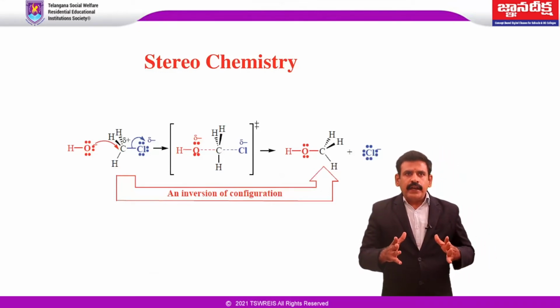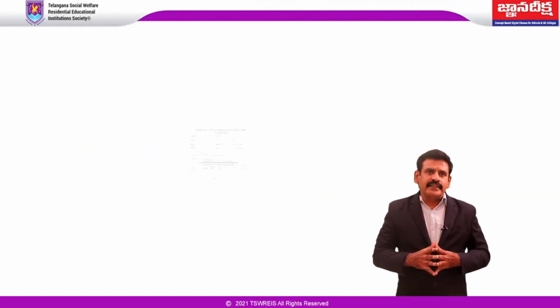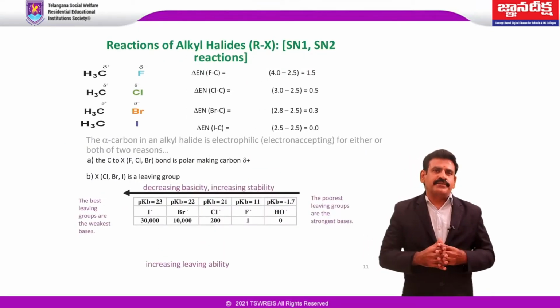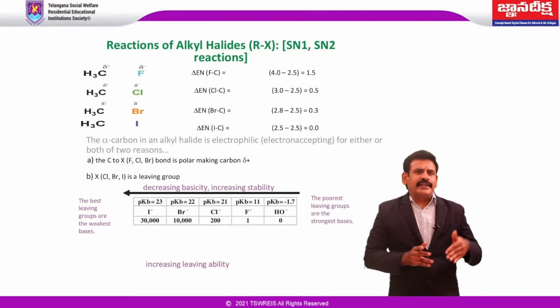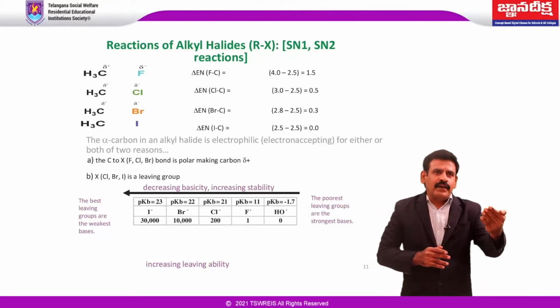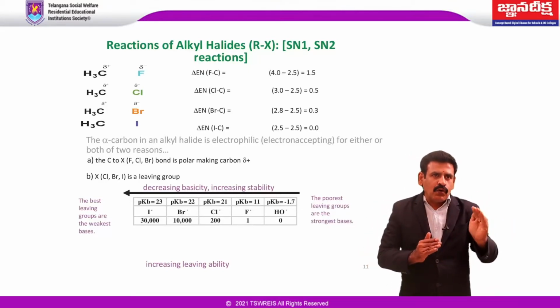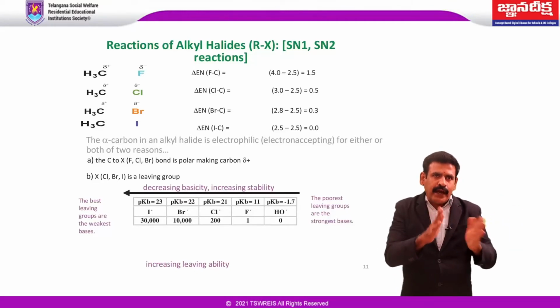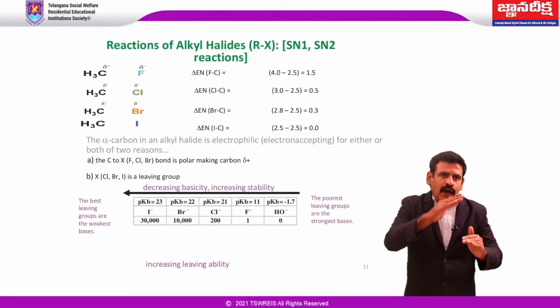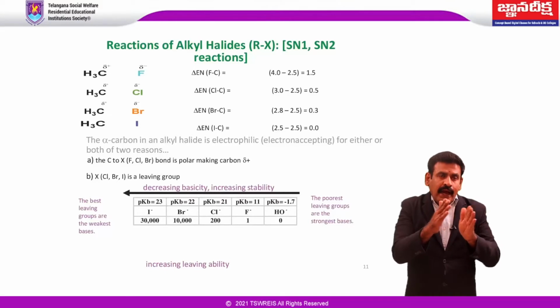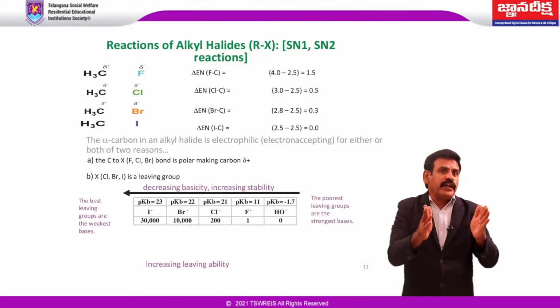Then see the reactions of alkyl halides, SN1 and SN2 reactions. For alkyl halides, you see methyl fluoride, methyl chloride, methyl bromide and methyl iodide. Look at the carbon and halogen electronegativity difference.